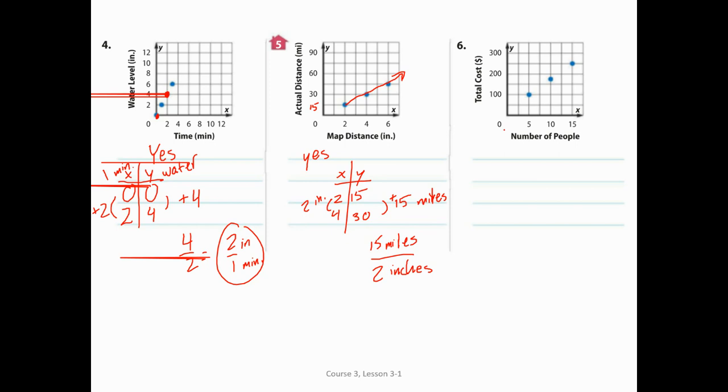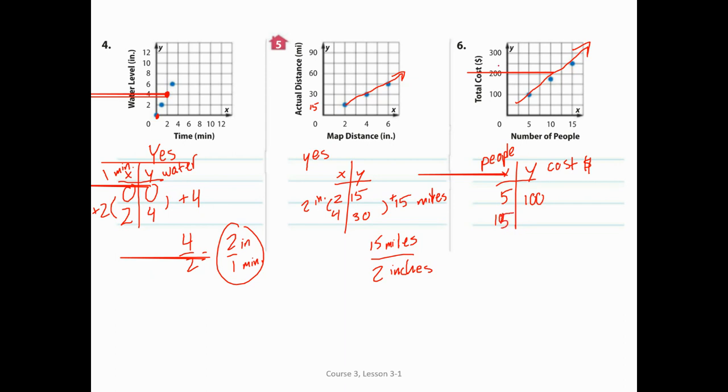All right, last idea here. Is this one linear? You should have chosen yes, simply because they look like a straight line. Now go ahead and make your own table and decide, what is the rate of change here? Well, y is cost, and it's in dollars. X is people, and who knows, it's cost for a party or something. At 5 people, it costs $100. And at 10 people, it's a little tough to tell, so I'm actually going to skip ahead to 15 people and see.